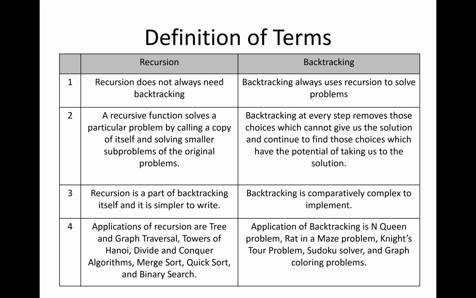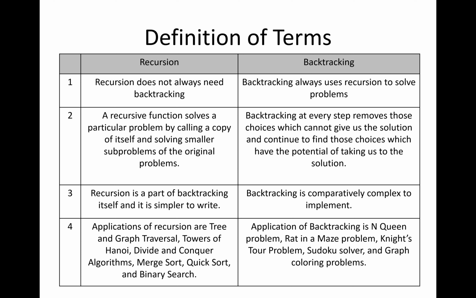So actually, recursion and backtracking are very similar but not the same. Recursion does not always need backtracking, but backtracking always uses recursion to solve a problem. A recursive function solves a particular problem by calling a copy of itself and solving smaller subproblems of the original problem.